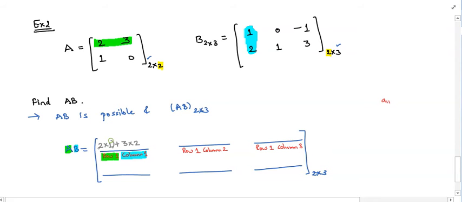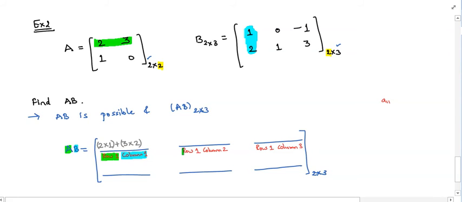This gives you the first row, first column element of AB. Clear? Again, first row of matrix A and first column of matrix B.